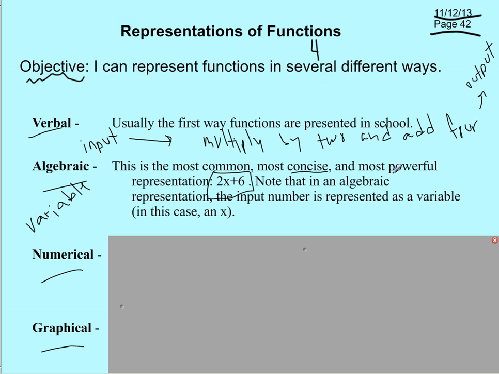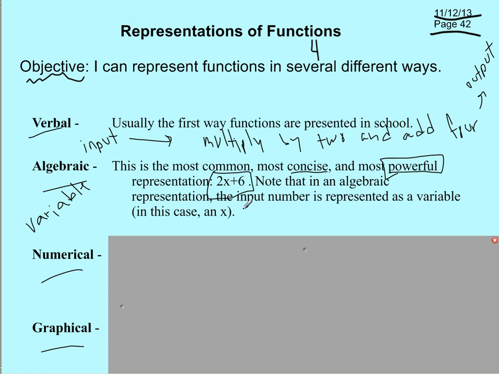It's the most powerful. It says that they're the most powerful representation because you can get a lot of information from an algebraic representation of a function. You can get something called the slope, which we're going to be dealing with next week. You can get the y-intercept of the function. You can anticipate what the graph of the function is going to look like just by looking at the function itself.